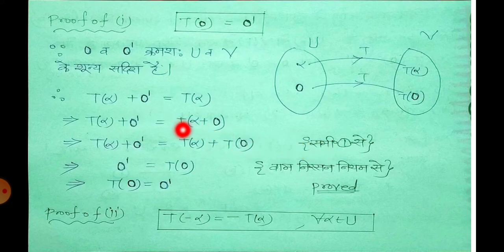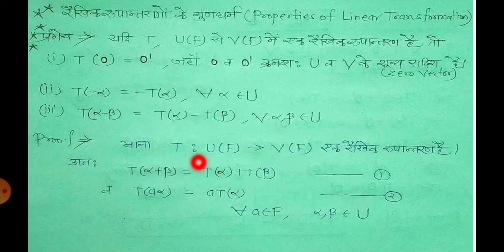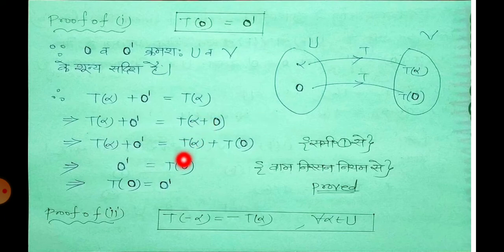That T of alpha plus beta is equal to T alpha plus T beta. This is from equation 1 because of linear transformation. So T of alpha plus T of 0. By the left cancellation law, T of alpha will be cancelled and we get 0 dash is equal to T of 0. T of 0 is equal to 0 dash.